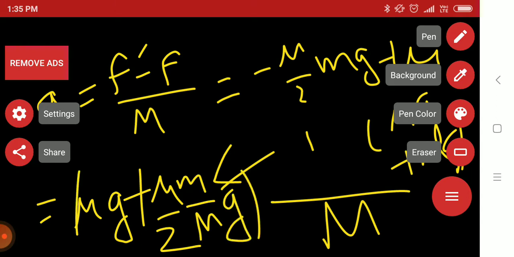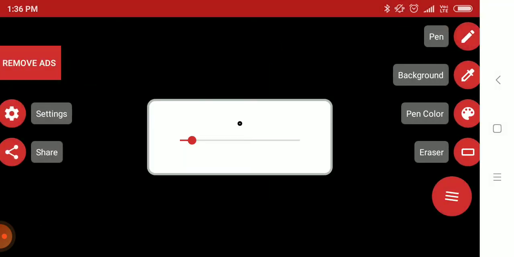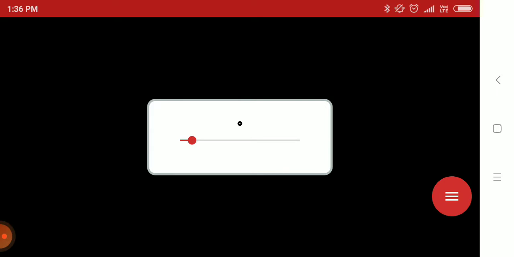This is the acceleration of capital M mass. So it is more natural to analyze the motion of small m in the frame of capital M. We will draw the free body diagram of small m mass in the frame of capital M.